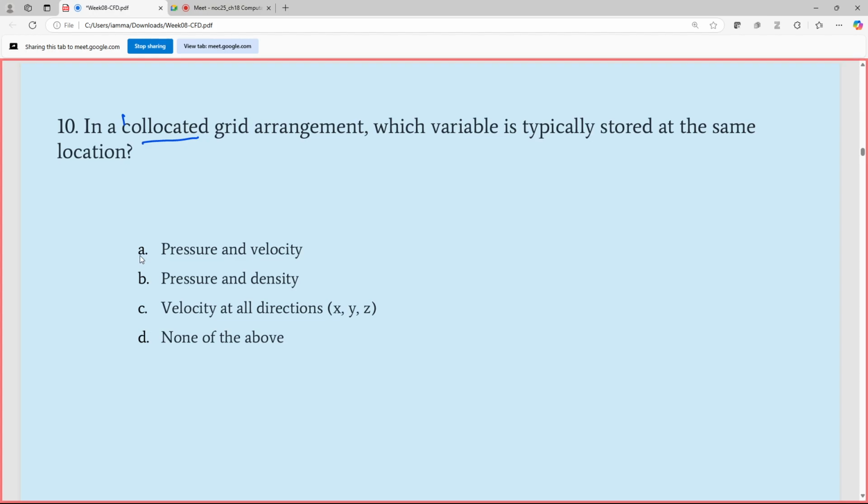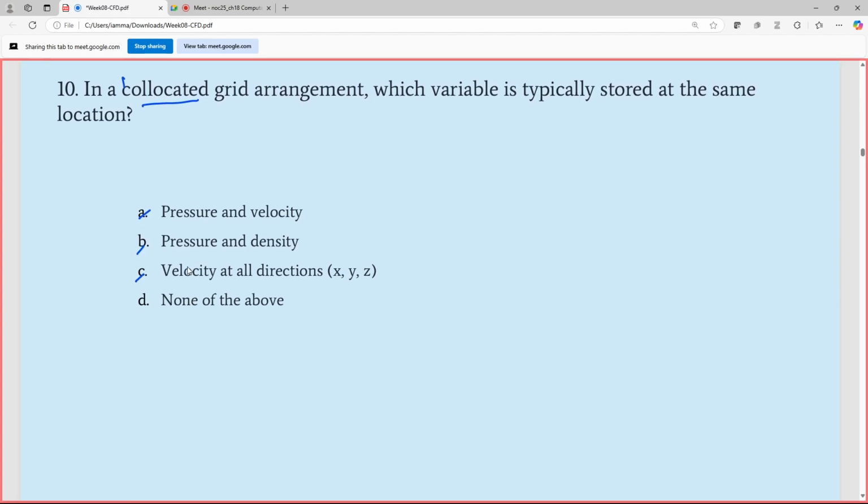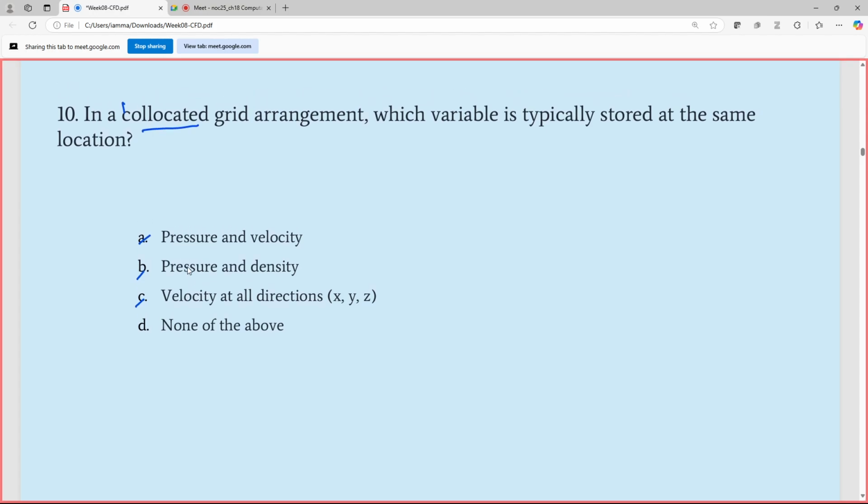Options are: option A, pressure and velocity; option B, pressure and density; option C, velocity in all directions; option D, none of the above. You can inbox your answers.